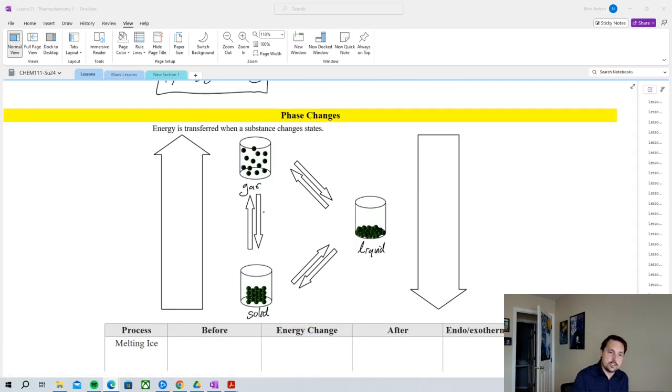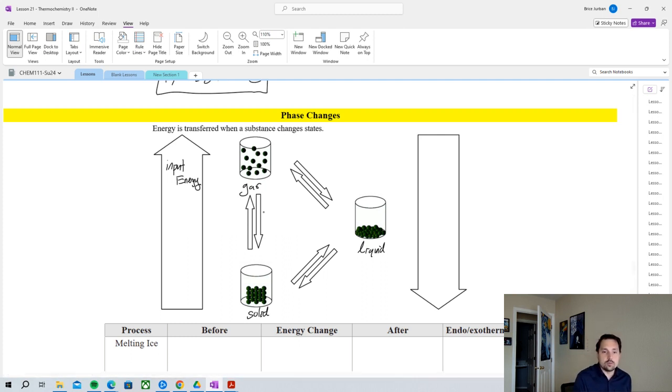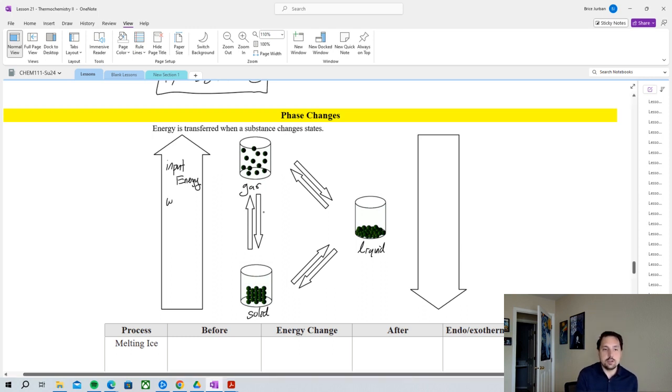We need to input energy anytime that we want to change a state to be more disorganized. So in the solid state, there's a lot of attractions between the particles. When we input energy, we end up weakening the attractions between the particles.